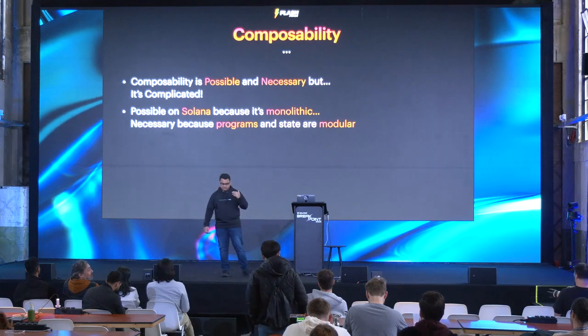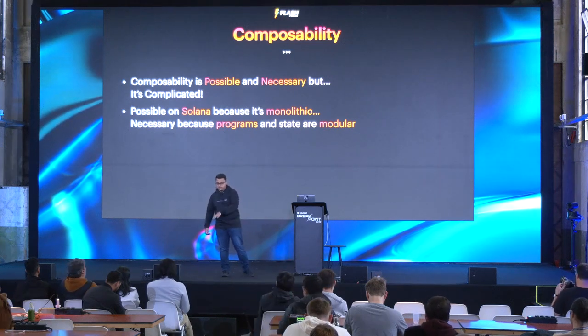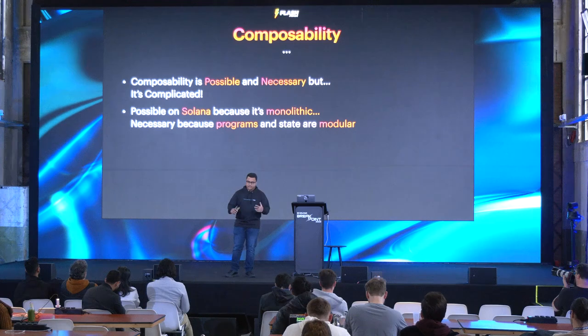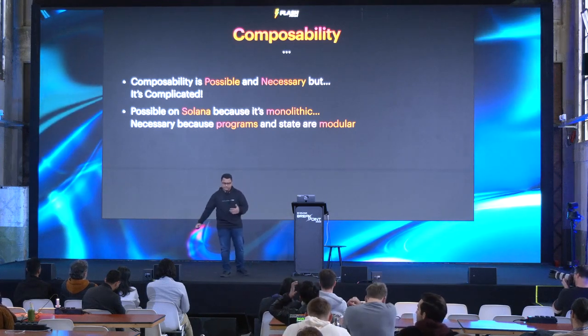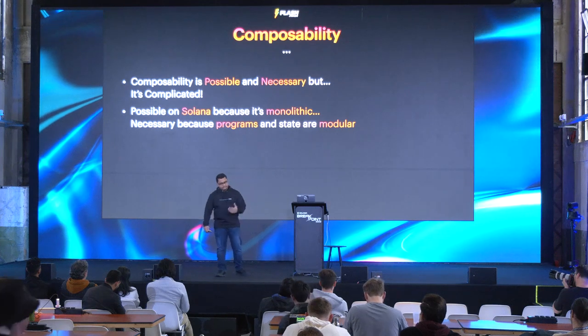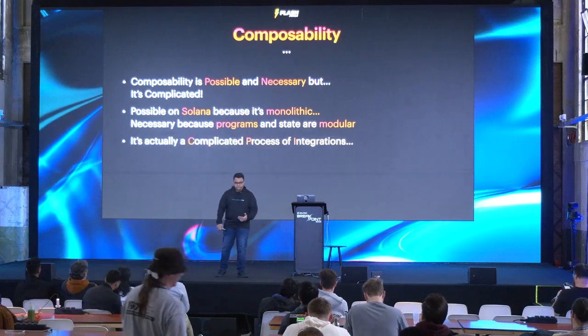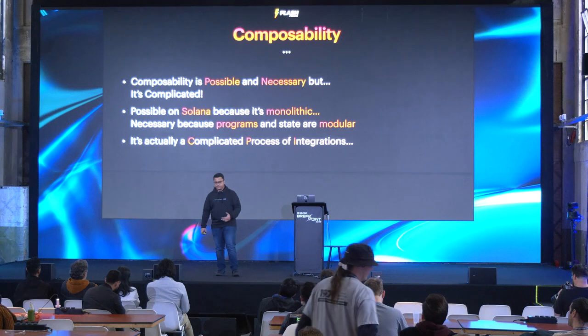Solana being monolithic supports composability, and composability is necessary because programs and state are modular. So we have this complex combination of Solana being monolithic, but programs and state being modular, and that's the reason you need composability for all of those things to connect together.